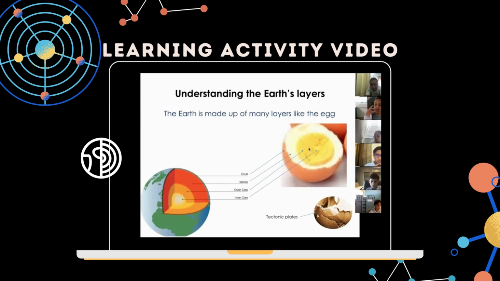It's actually split into many different plates, very similar to a jigsaw puzzle. And these plates all fit very nicely together. Same as with the egg. If you tap that egg and it cracks, the pieces do fit together. This is very similar to the crust of our earth. It's split into many plates.